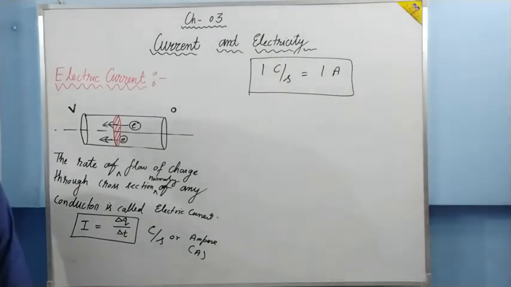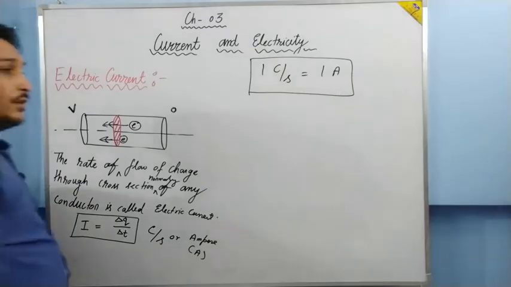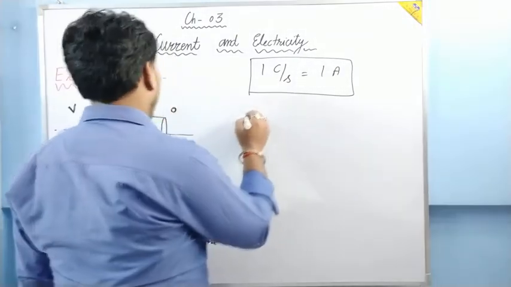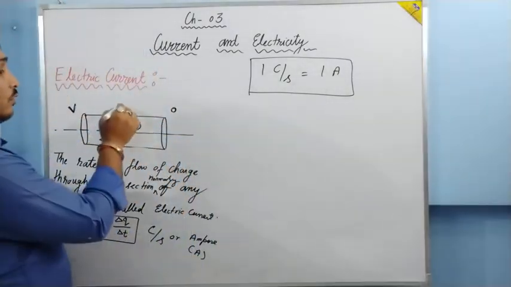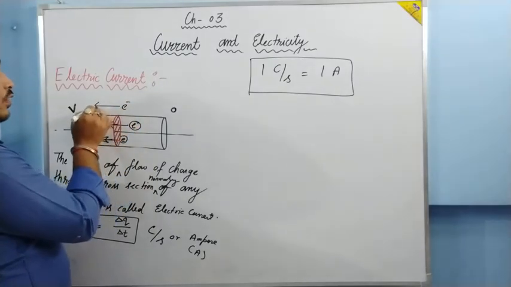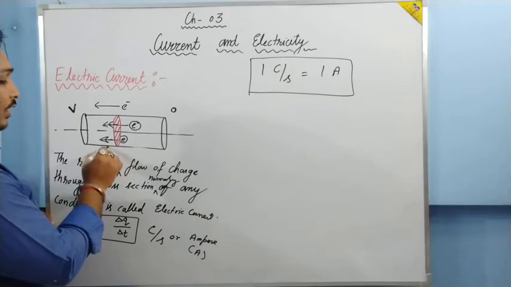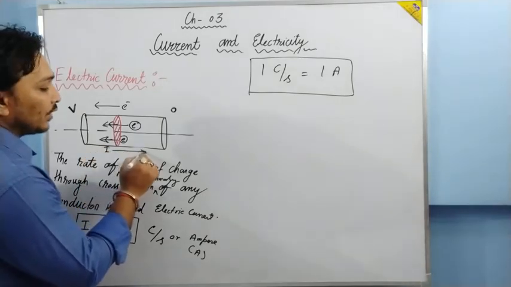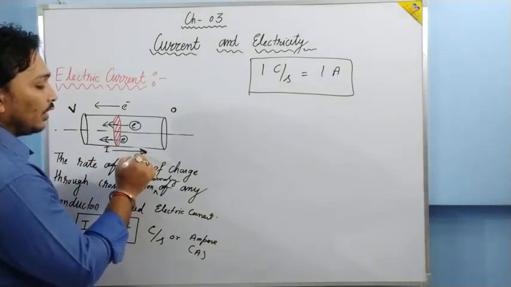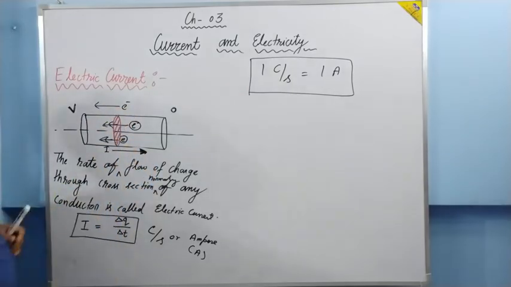Now let us understand some more about this current. I told you that the electrons will move towards this direction. But we assume that the current I is flowing in this direction, just opposite to the flow of electrons. Why is it so?